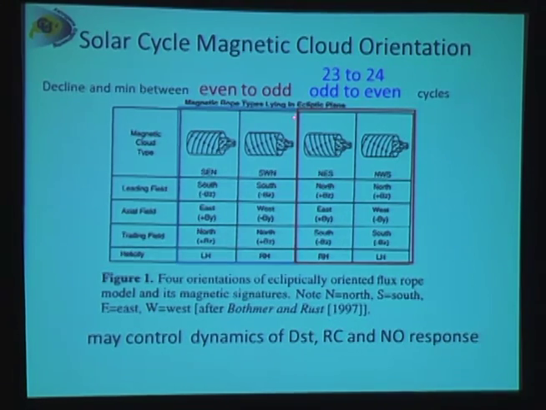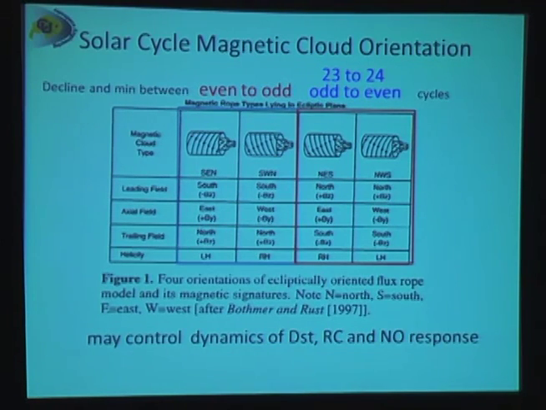It turns out that when we go from an odd to an even solar cycle, which we just did, 2004 to present, the magnetic clouds tend to have a preferred northward orientation coming in first. So there is a preferred orientation to the magnetic clouds.